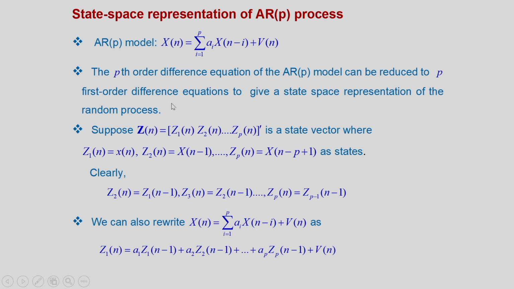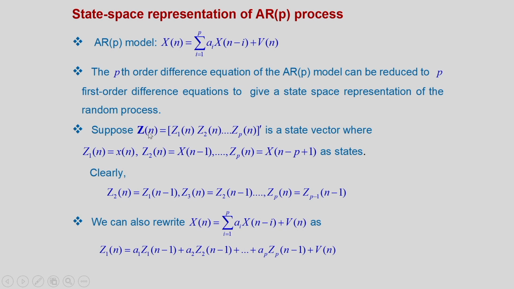Now, this is an important thing because we have a pth order difference equation, and corresponding to that we can get p first order difference equations, and those will represent the state space equations.